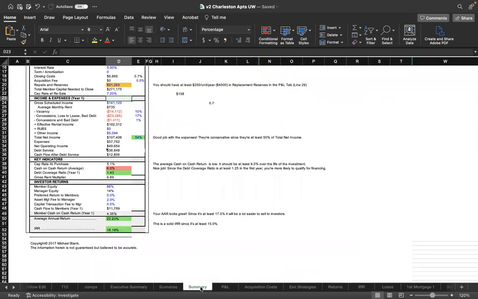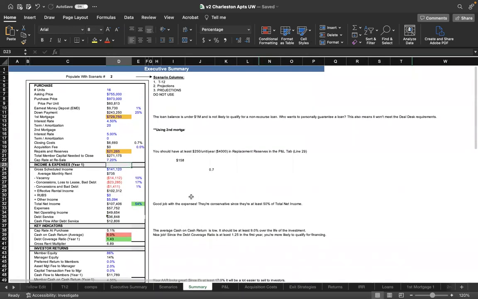Now, if we go to the summary tab, this shows kind of an executive summary of everything, the returns, so it's all in one place. There also is the exit cap at resale, which we're projecting at 7.2. Today, it's probably 6.2. So assuming that we're going to be paying less, we're going to be able to sell the property for less in the future, depending upon the NOI.